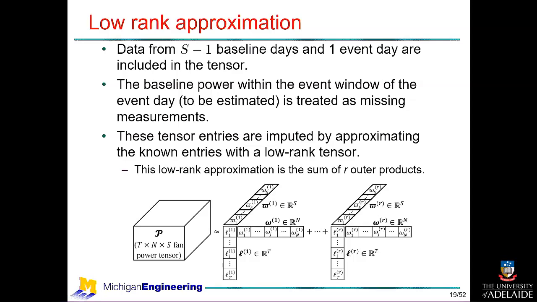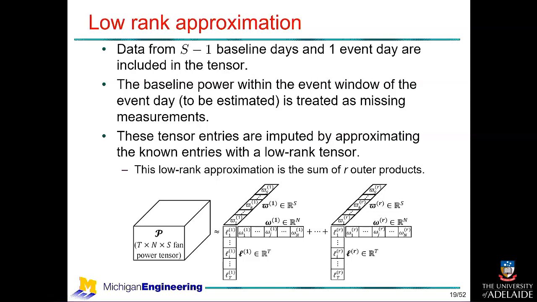So we use the data from the S minus 1, all but one of the days that go into this are baseline days. So no testing is done on a baseline day. This is just how does the building behave normally. And then there's the one event day that we include in the tensor as well.